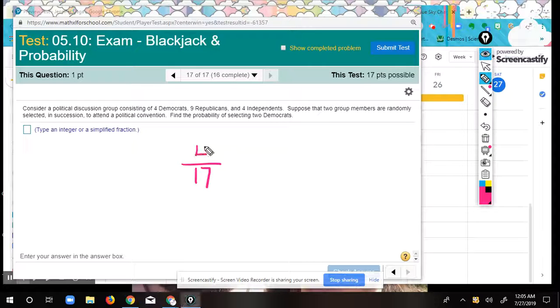So first time, there's going to be 4 Democrats out of 17 people. Now, there's only 3 Democrats left out of 16 people to choose another one. And I'm not going to make that mistake again. That is 12 out of 17 times 16, which is 272.